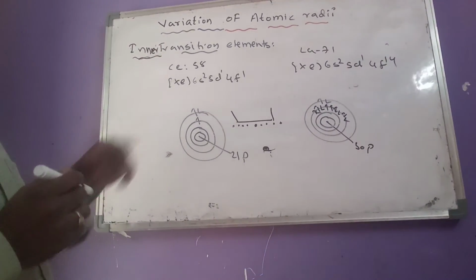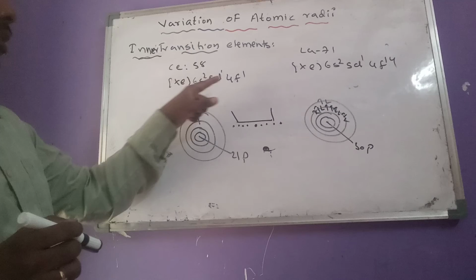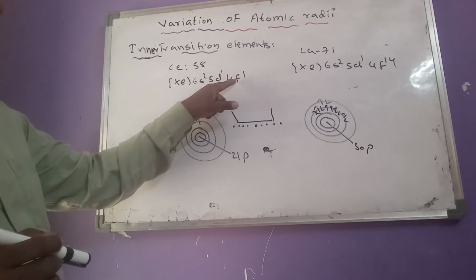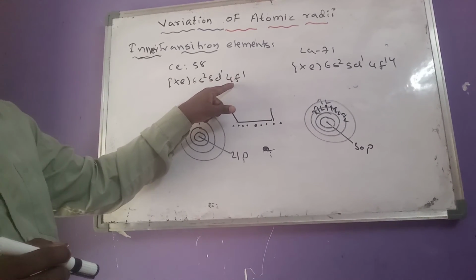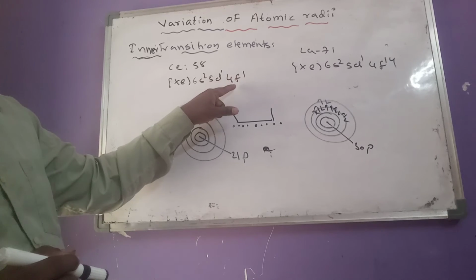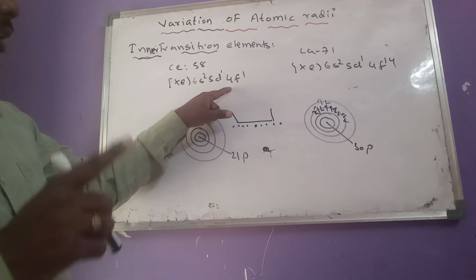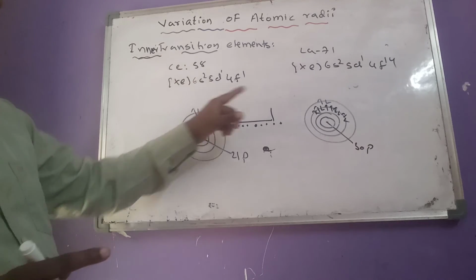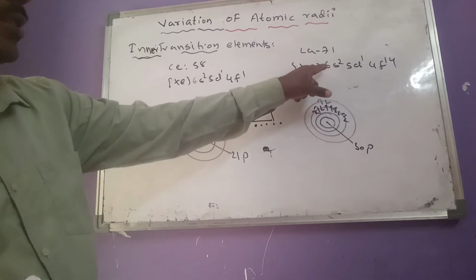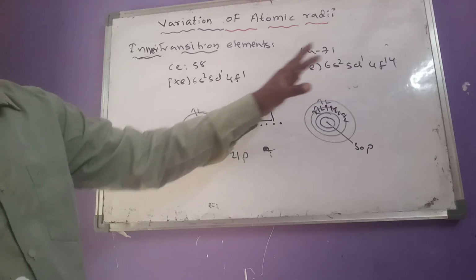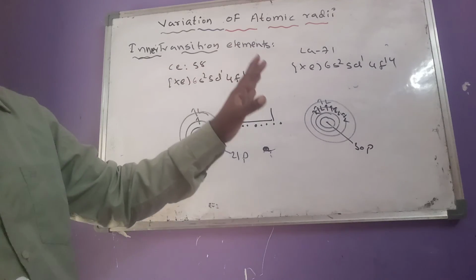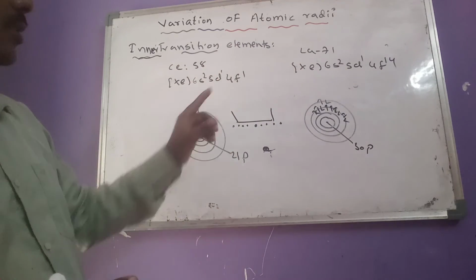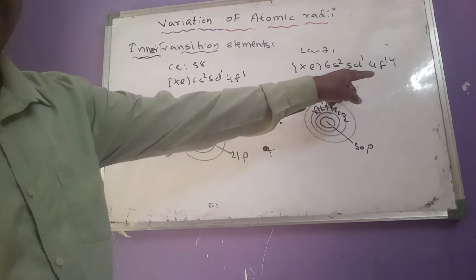So in the case of cerium, only one electron is present in the 4f orbital. That means in the inner orbital only one electron. Of course 5d also has one, but this is not considered here, because 5d has 1 and 6s has 2 in both. So no need to consider those 6s and 5d electrons. Concentrate on the 4f subshell.